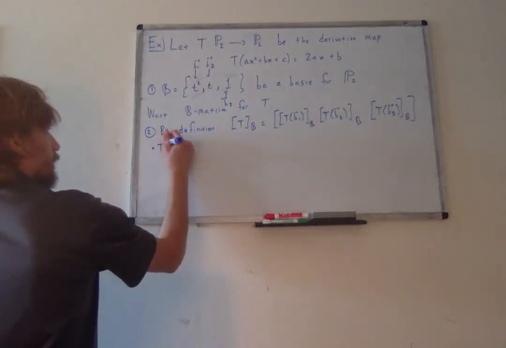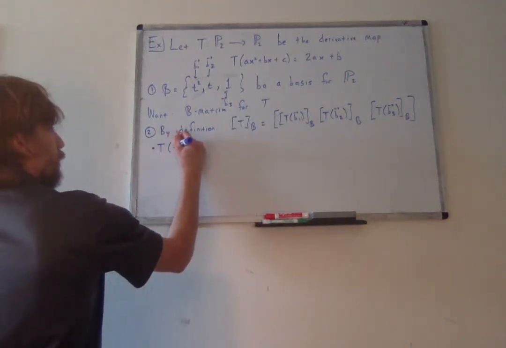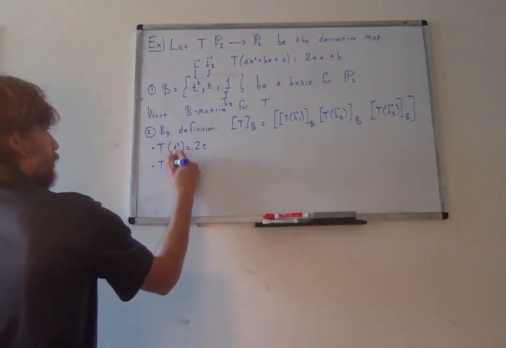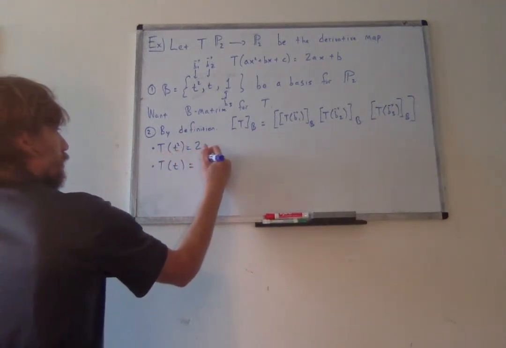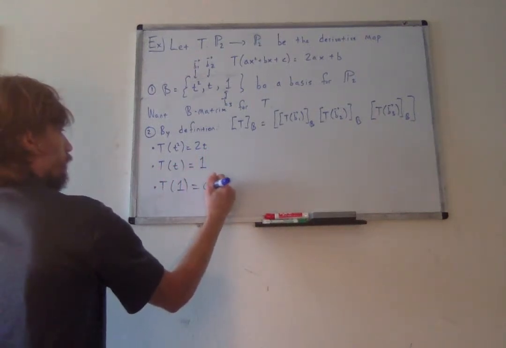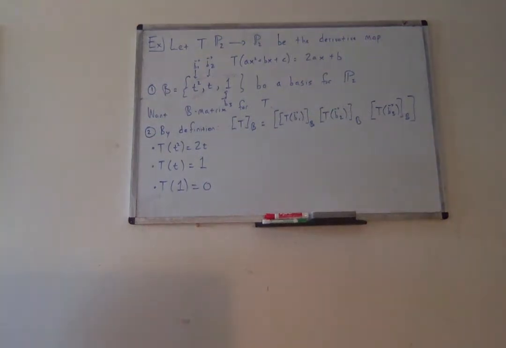So notice, since T is just taking the derivative of each of these polynomials, I actually know the images of each of these polynomials. Like so.